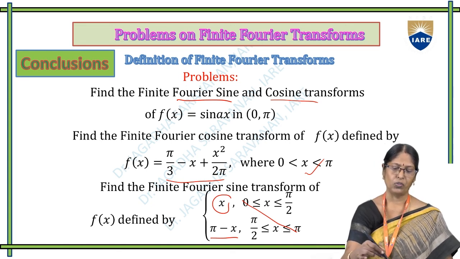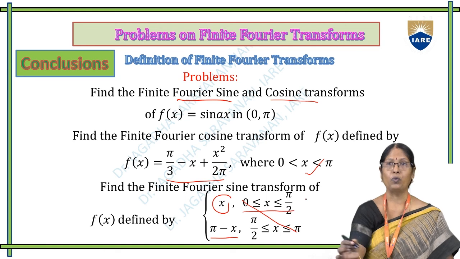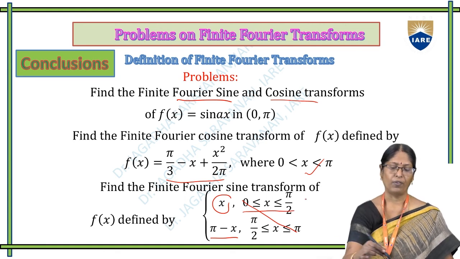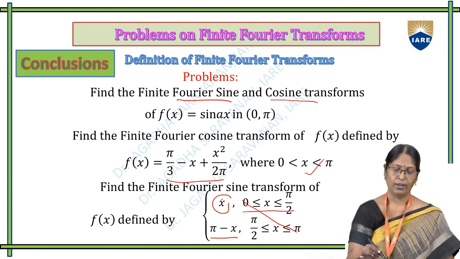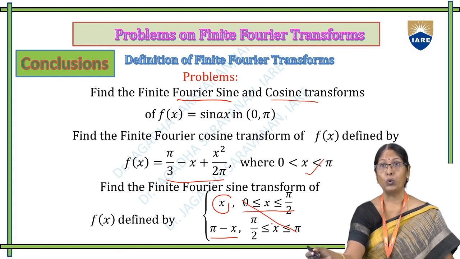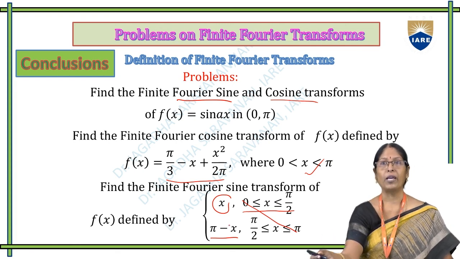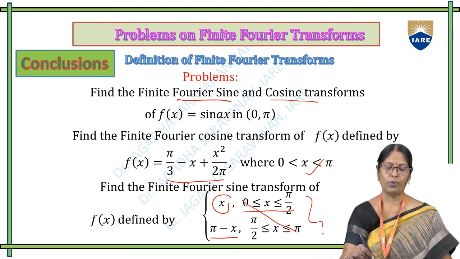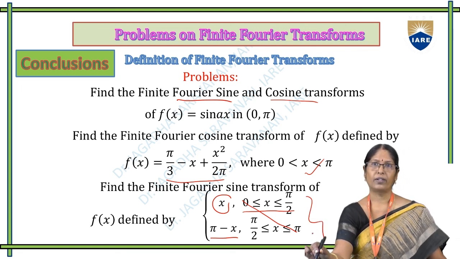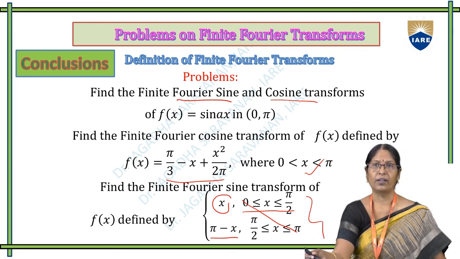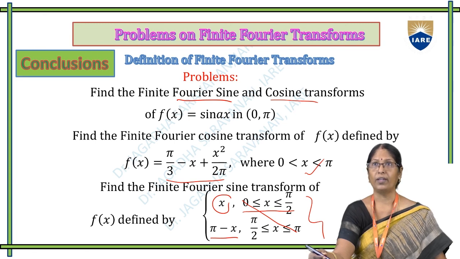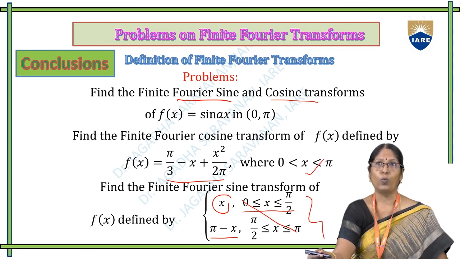If it is 0 to pi by 2, the function is x. If it is pi by 2 to pi, the function is pi minus x. In this problem, three integrals occurred that we integrated.